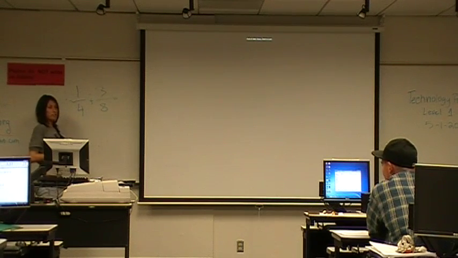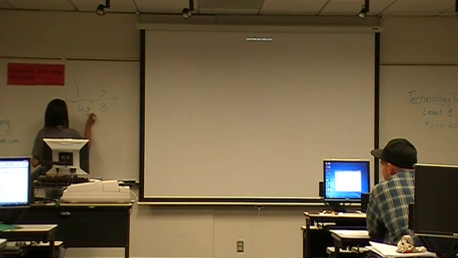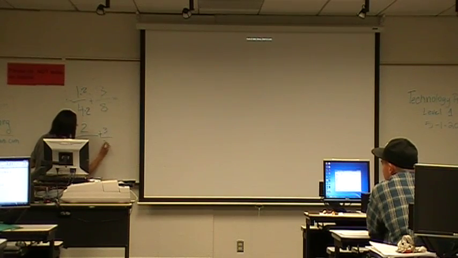So does anyone know what I have to do next? Common denominator. Yes, we need to find the common denominator. So the common denominator between 4 and 8 is 8. So I would multiply 4 by 2 and 1 by 2. So that would make it 2/8 plus 3/8.